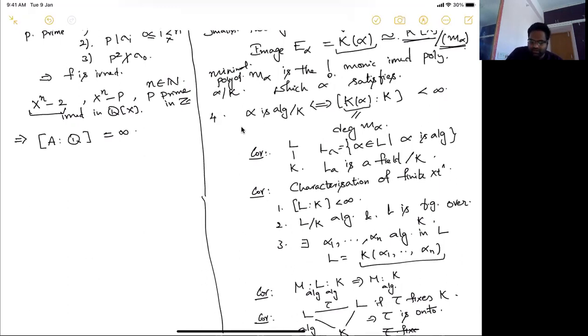And therefore, A is the algebraic closure, or let us say we don't know what algebraic closure is. A is the set of algebraic elements in C considered over Q. So this is basically C sub A in this notation.